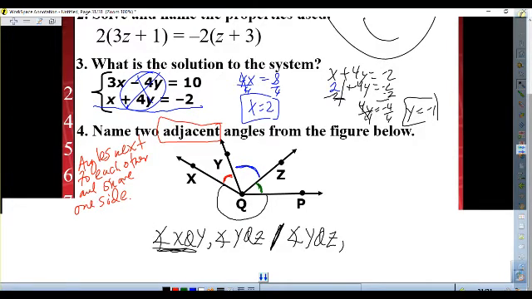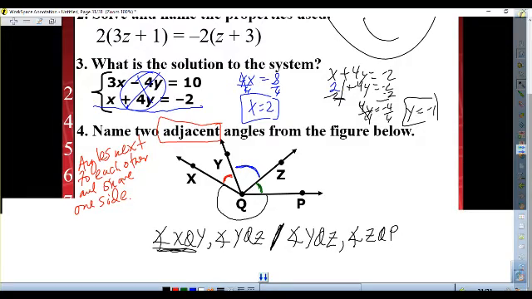I gave away the answer. Let's see. Emily, what angle is adjacent to angle YQZ? Angle ZQP. Hands if you agree with that.